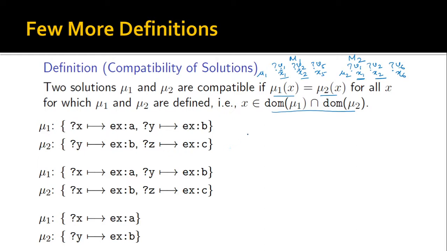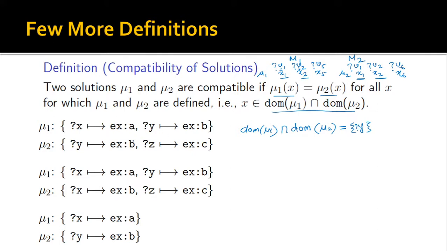Now, first we'll compute the intersection of the domain of mu1 and the domain of mu2. What would it be? It will basically be only y, right?